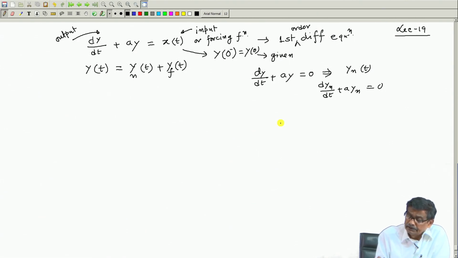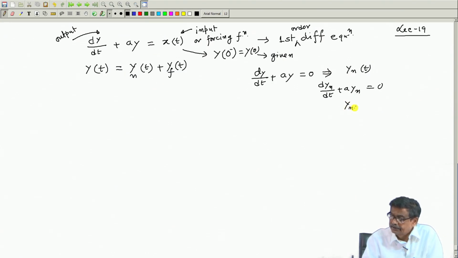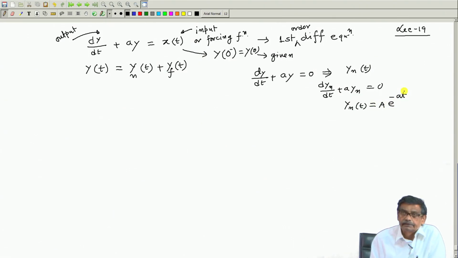And the solution of this one, y_n(t), is some constant into e to the power minus a t.